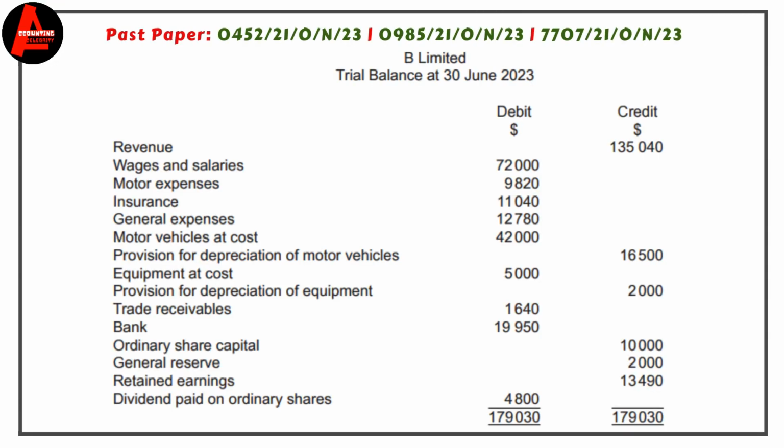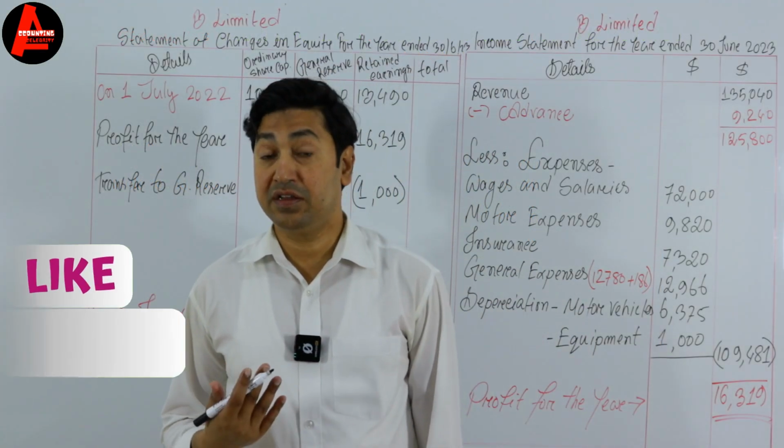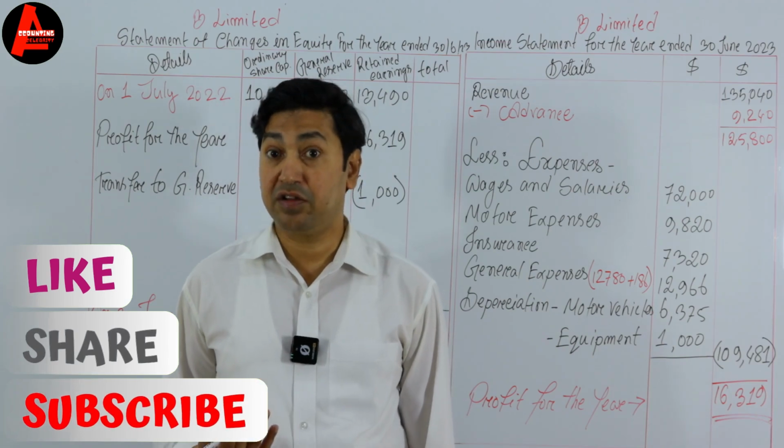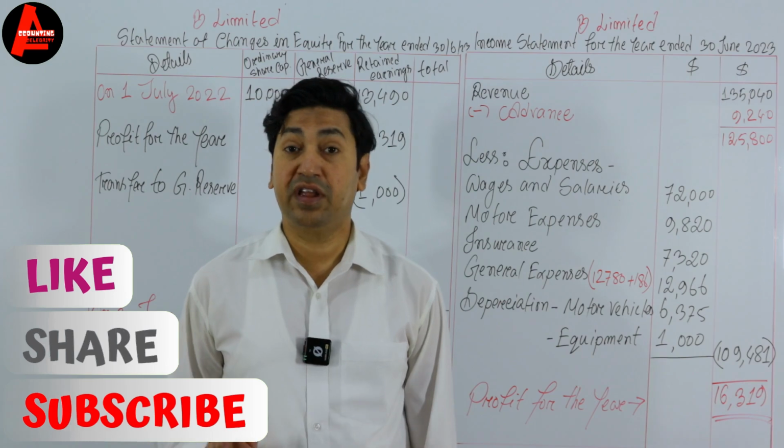Let us look at the question. On the trial balance list of balances, the last item is dividend paid on ordinary shares, $4,800. There are two types of dividends, proposed dividend and paid dividend. Proposed dividend is not given in the question, so we don't have to think about it.